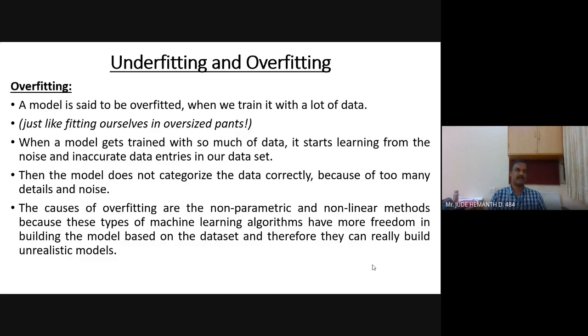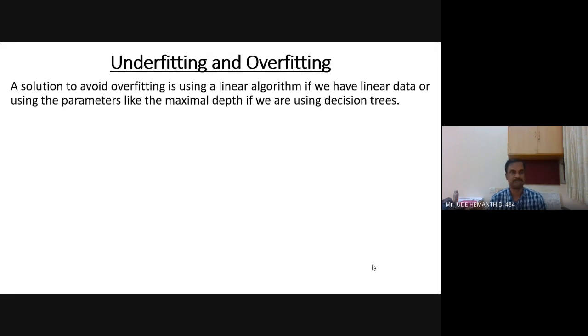So the idea is, in underfitting, the training itself is a problem because of the small amount of data. But in overfitting, in training you learn everything. But only when you come for testing, you will know whether you have learned noisy data or correct data. So how can we avoid overfitting?